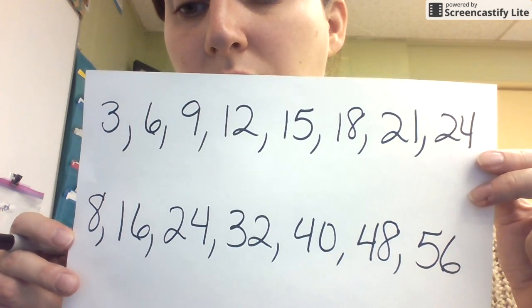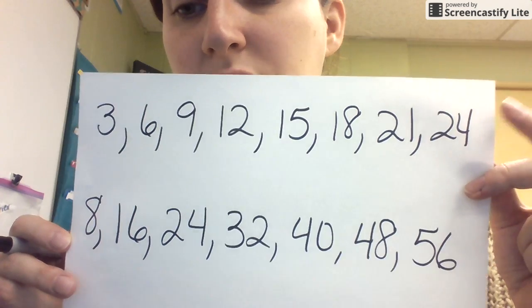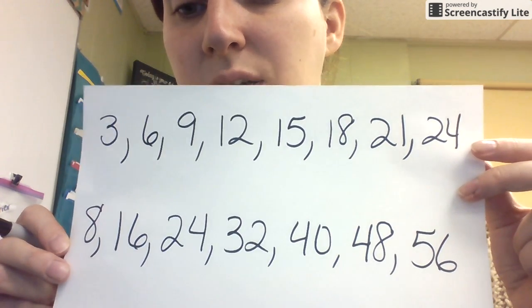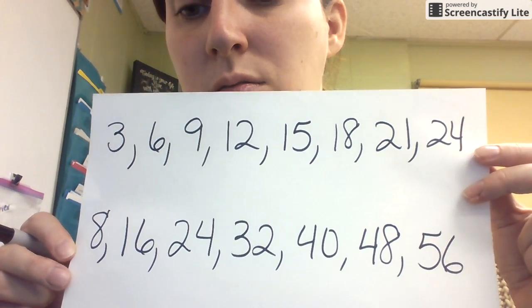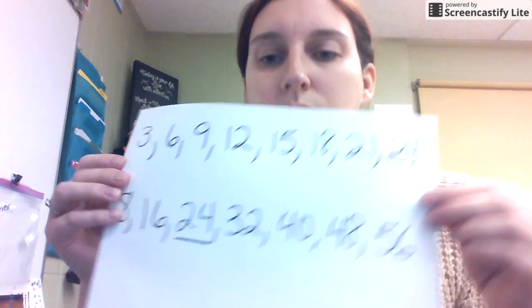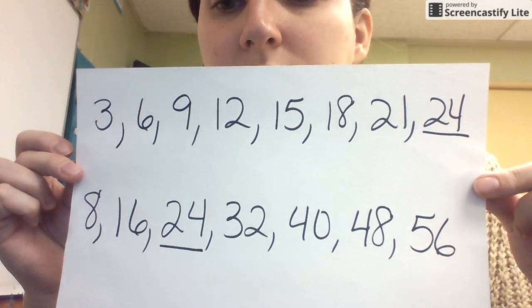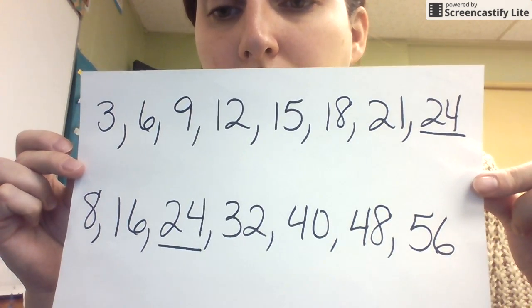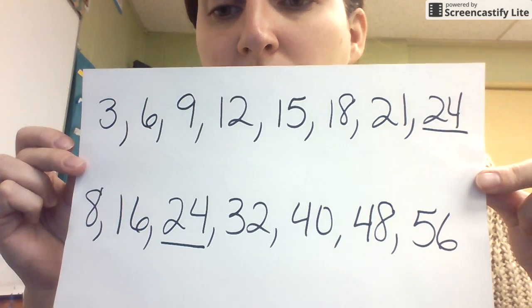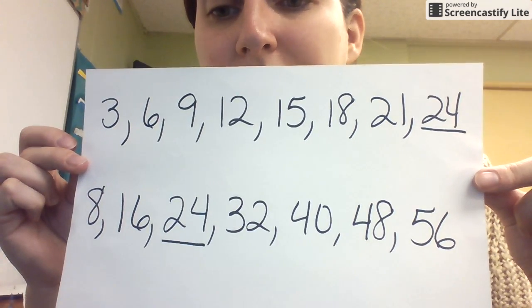I believe I am seeing 24 on 3 and 24 on 8 as well. So 24 is the least common multiple of 3 and 8. It's the smallest number that they can both be multiplied to get to.